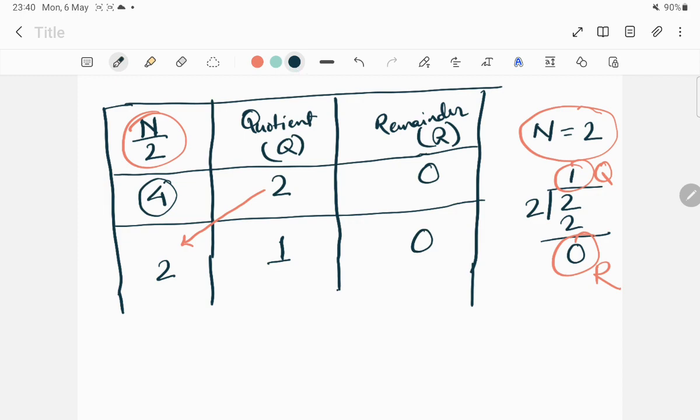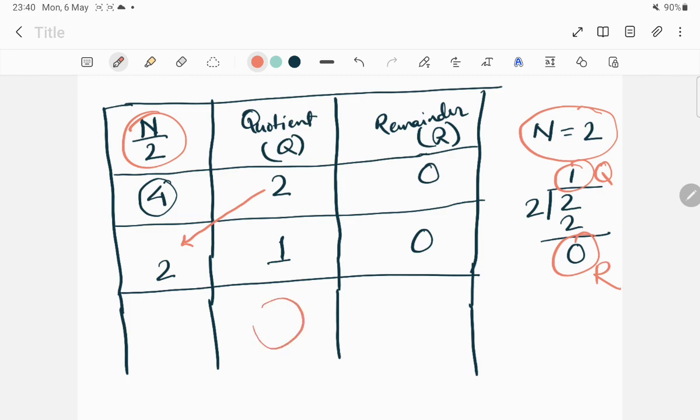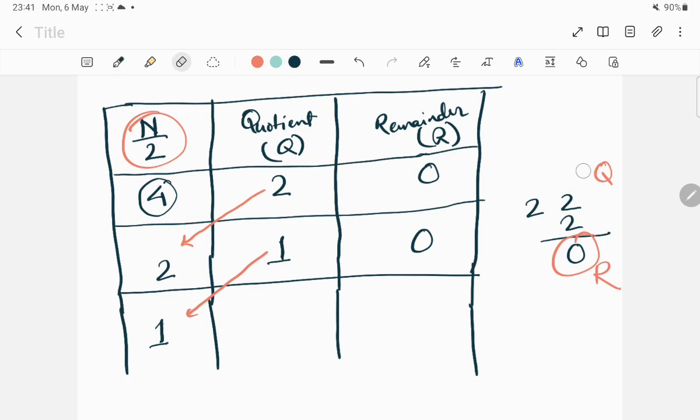Now we need to keep repeating this process till the quotient becomes 0. Since it has not yet become 0, we will continue. Now this comes here, so now we have 1. Now what is the next step? Now our n has changed.